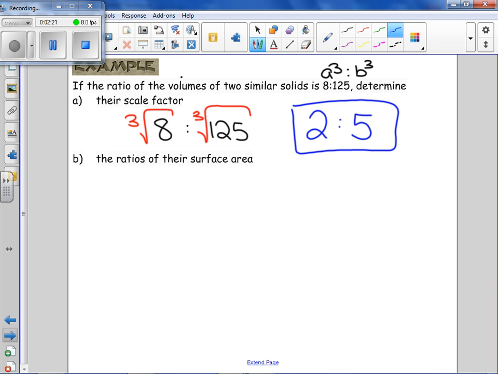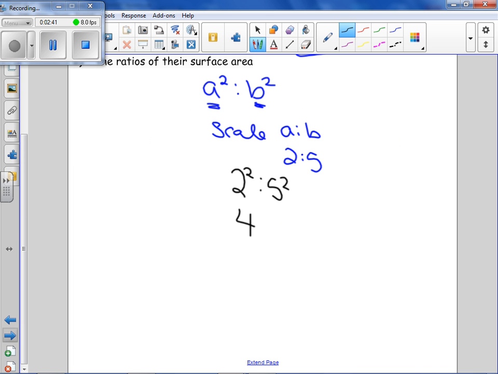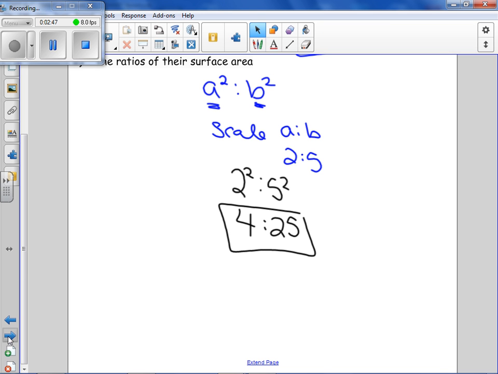Well, if you want surface area, it is a squared to b squared, which means I need to use the scale factor, a to b, which is 2 to 5. So what I do then is I plug in my a as 2, and I plug in my b as 5. 2 squared is 4. 5 squared is 25. And there's our second question.